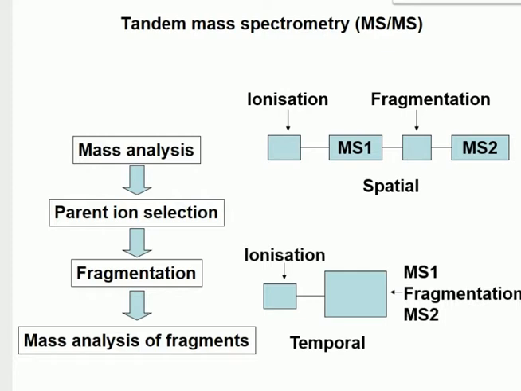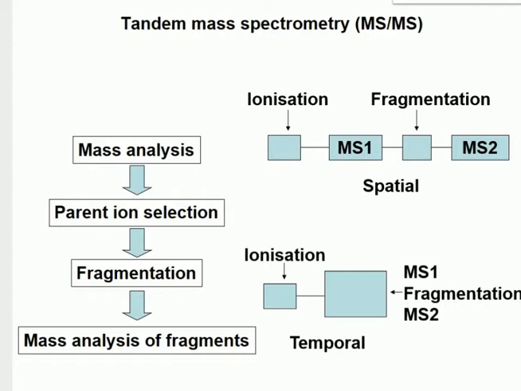So you can do tandem mass spectrometry in space. So the two parts of the analysis, the mass analysis or the selection of the precursor ion and the mass analysis of the fragments, are separated in space, or they can simply be separated in time. Okay?